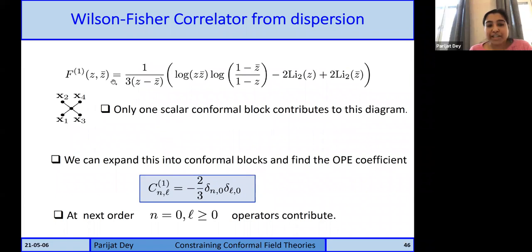Now we can expand this F1 and compute the correction to the OPE coefficient C1 for this diagram. And this is what we get. Here again, only n equals 0 and L equals 0 contribute at this order. If you want to go to the next order, all the non-zero L operators contribute.